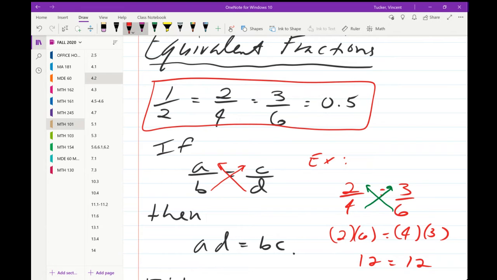So that's what happens in this mini example. I have 2/4 equal to 3/6, and I take my denominators to the opposite numerator: 2 times 6 and 4 times 3, and you have 12 equal to 12. So that's just proving that those fractions are equal to each other.